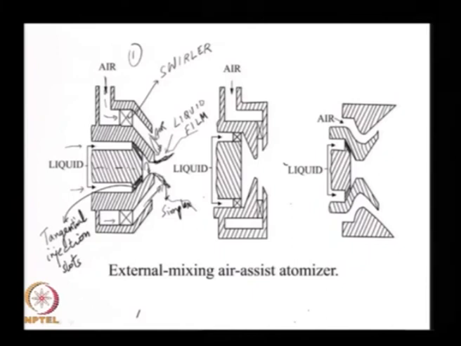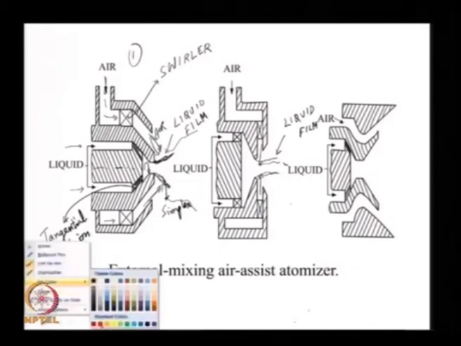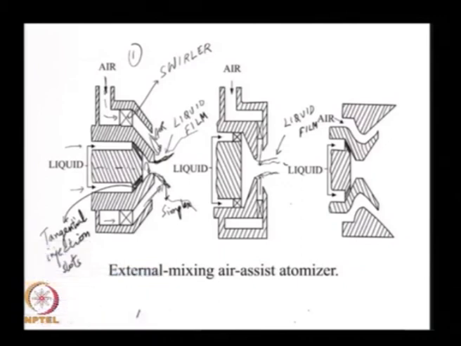This is one design of what is called an external mix air assist atomizer. The second is where it is sort of similar, except the air is now more directly injected onto the liquid film itself. So, if this is the liquid film that is going to be spilling over, the air coming out is more directly impacting the liquid sheet.